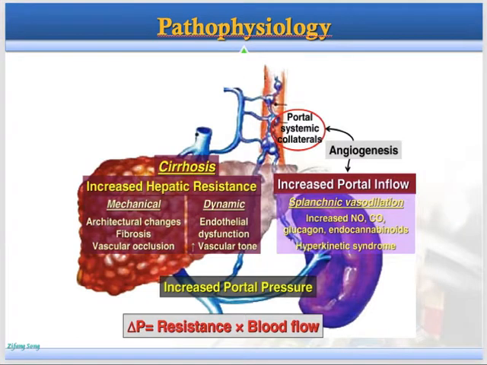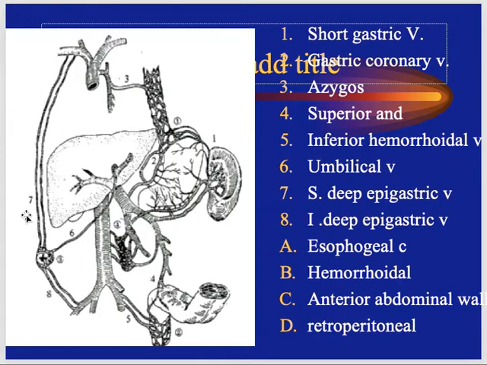Now, to show you again, see, this is a more extensive demonstration of this. Here there is a portal vein, and see, it is sending tributaries here, here and here, and also here, right?